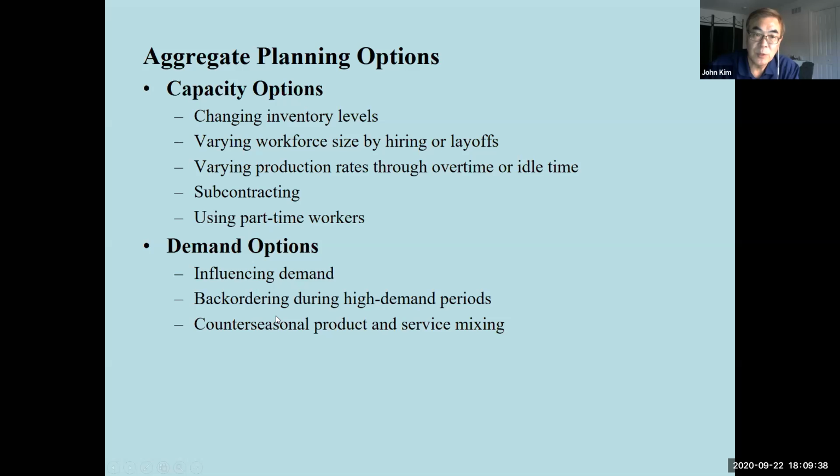If they need more, then order more. And then using counter-seasonal product and service mixing. During the summer, maybe something is popular in season, and in the winter, so mix the winter product and the summer product and so on.